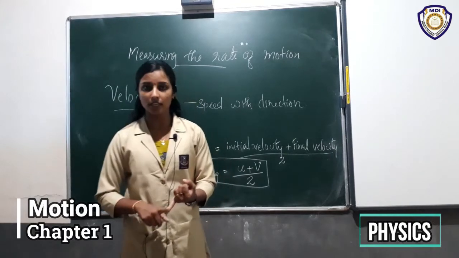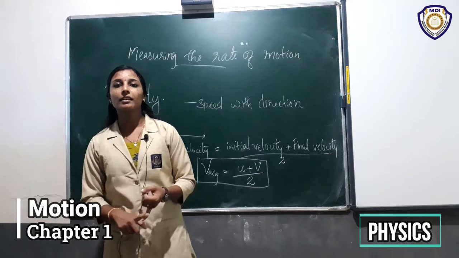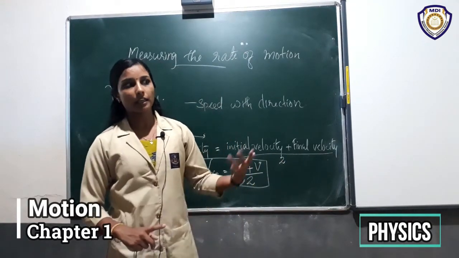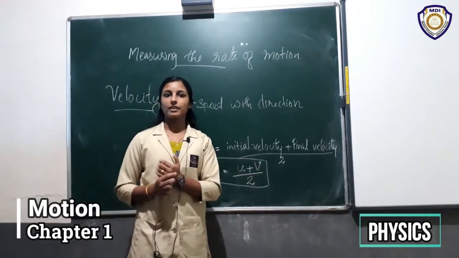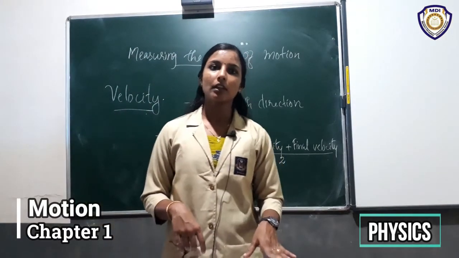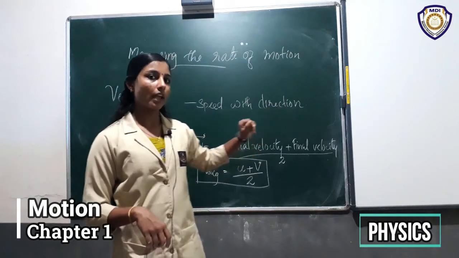That is velocity. Velocity of an object is simply the speed with direction. It may be the displacement per unit time, or the speed with direction, okay?